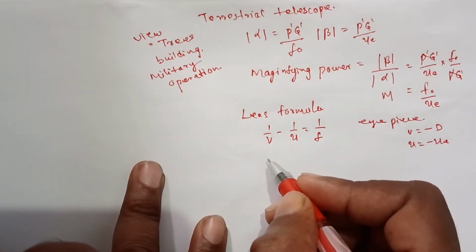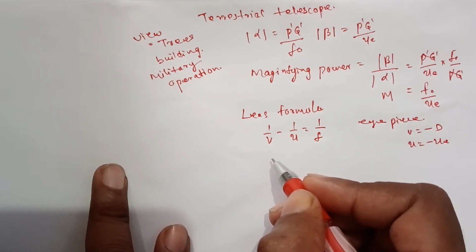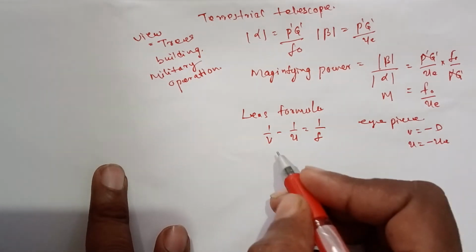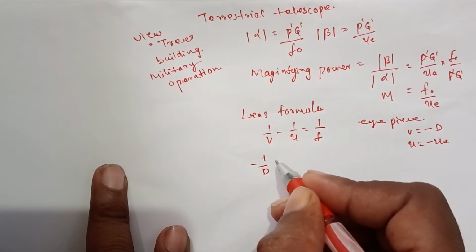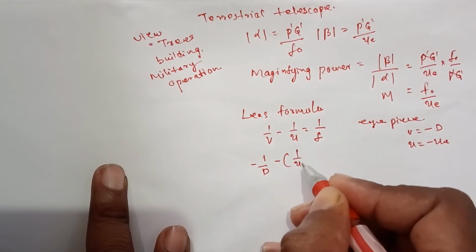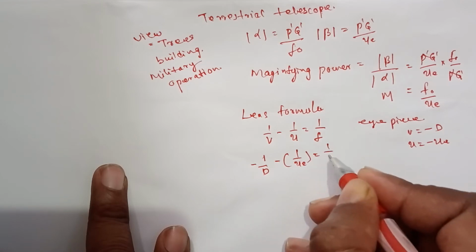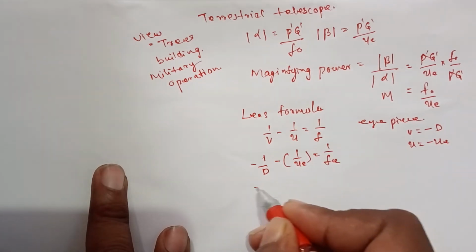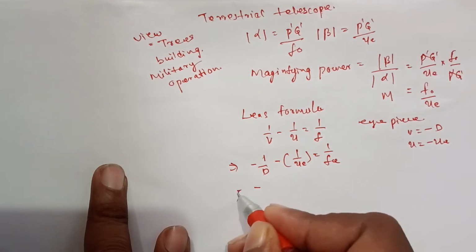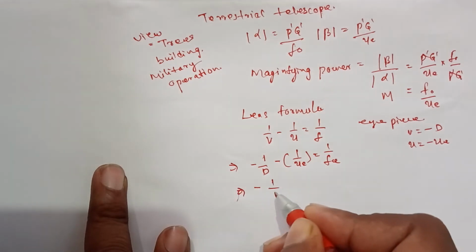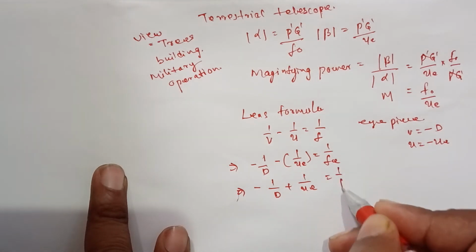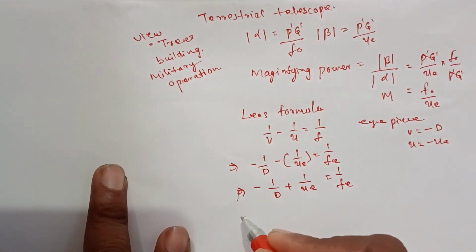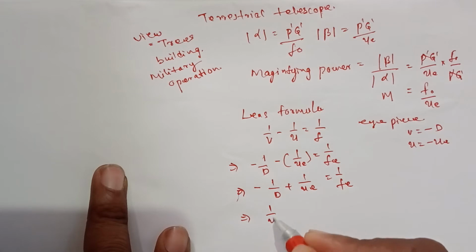We have already calculated these in our previous video. So 1 by minus d minus 1 by minus ue is equal to 1 by fe, that is 1 by d plus 1 by ue is equal to 1 by fe.